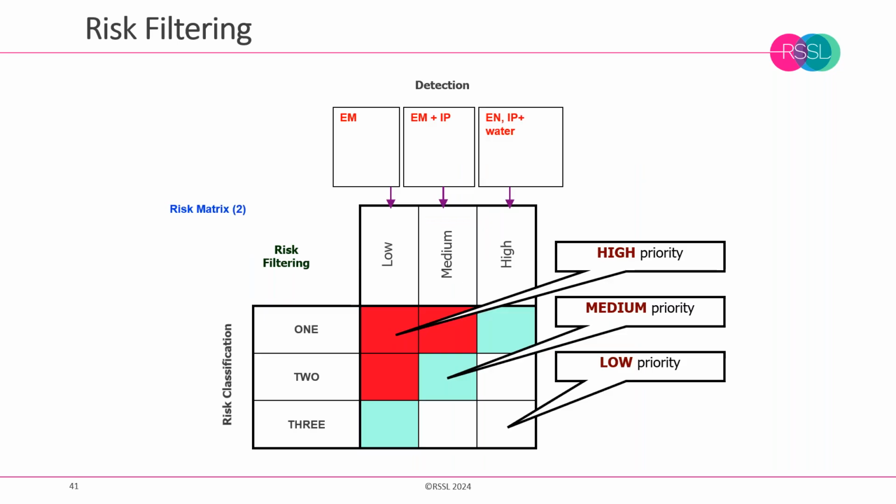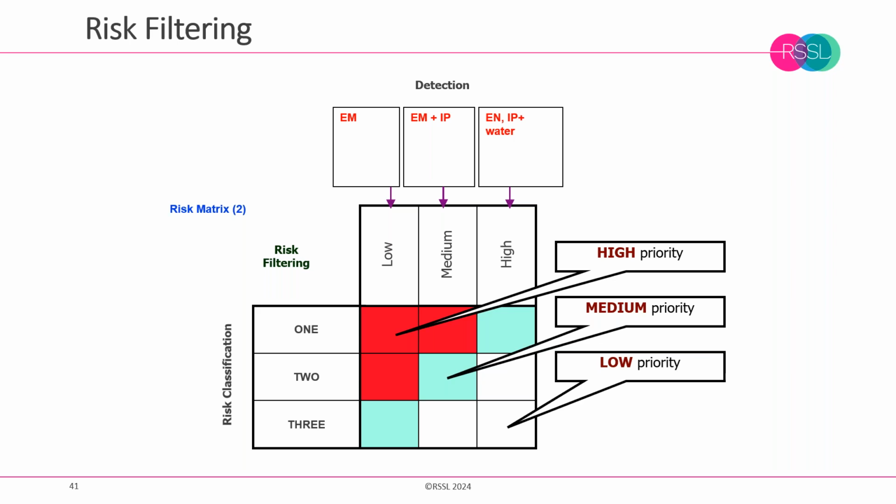So what this diagram is doing here, it's the second step with the risk matrix. Here we have on the left-hand side those 3 risk classes, 1, 2, 3.